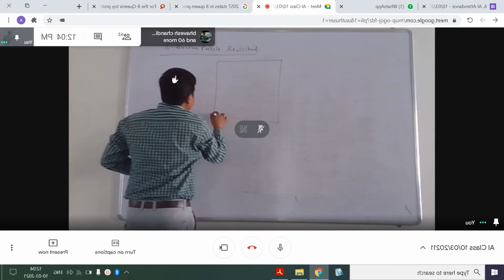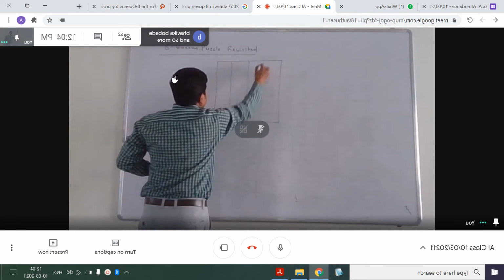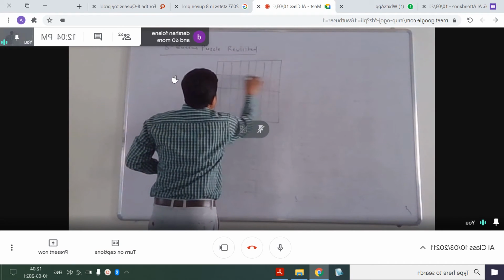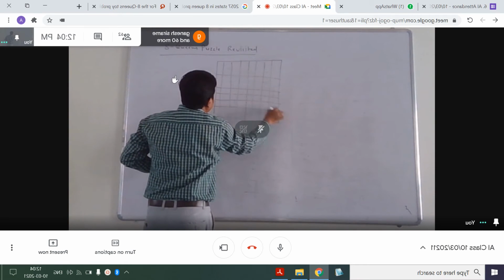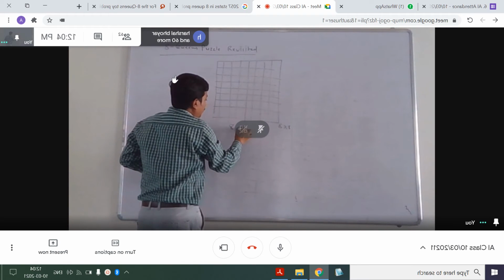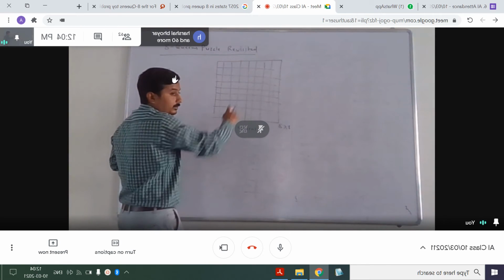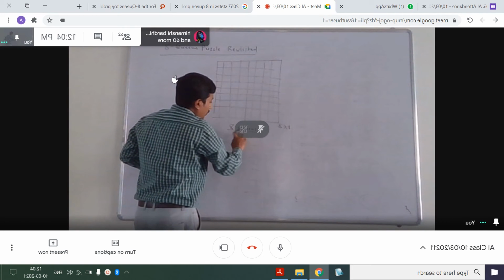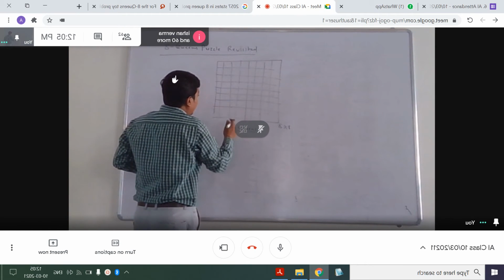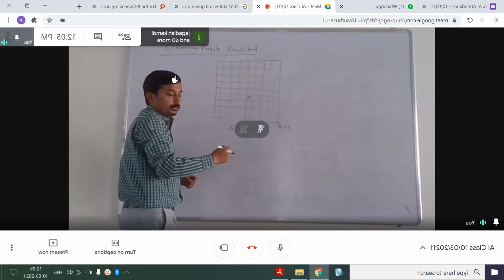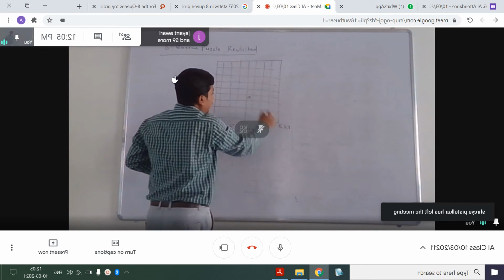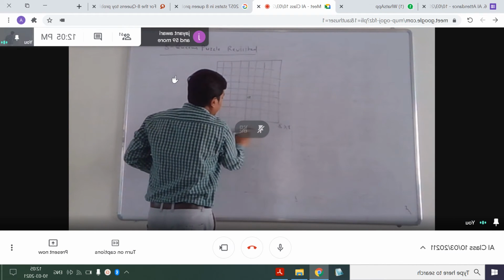Here we have our normal chessboard of size 8 by 8, and we want to place 8 queens on this board so that no 2 queens attack each other. And you know the moves a queen can attack: vertically, horizontally, and diagonally, right? So we want to place that, and we have one solution.